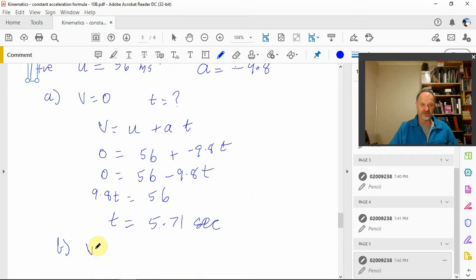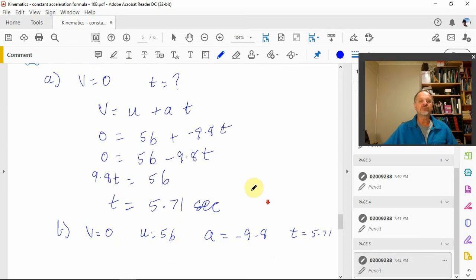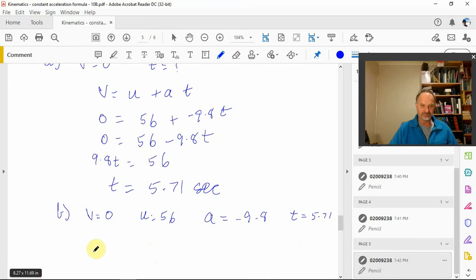So v equals 0, we know, u equals 56, we know, a equals negative 9.8, we know, and the time, we've just figured out to be 5.71, and we want to know the distance, so we want to know s. So really, in this case, we can use anything, because we've got 4 of the 5, and we want the other one. We need to clarify that: we can't use this one because it hasn't got s in it. We can use anything with s in it.